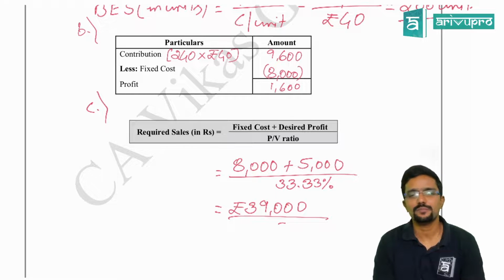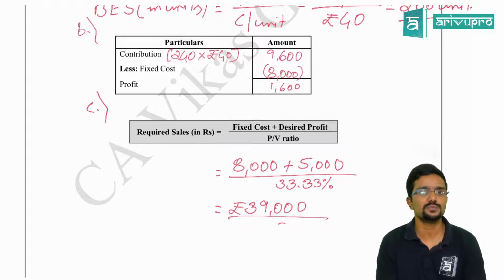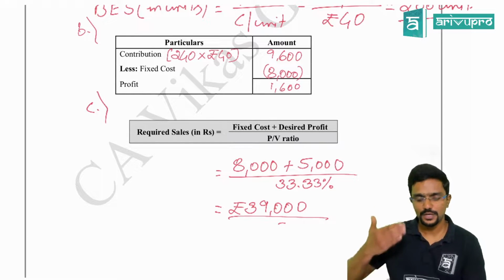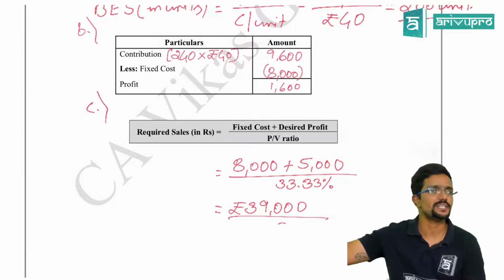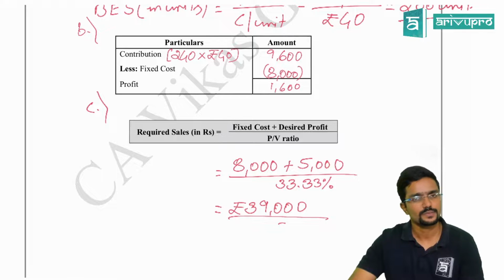See, why sometimes I use 1 by 3 instead of 33.33 is, if I take 33.33, some decimal difference we will get. For example, you will not get exact 39,000 in your calculator. You will get 39,000 some change, 2 rupees, 3 rupees more. That is because of decimal difference.